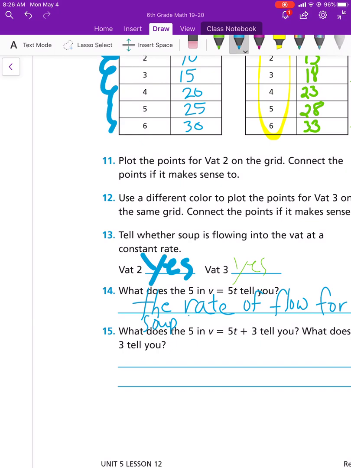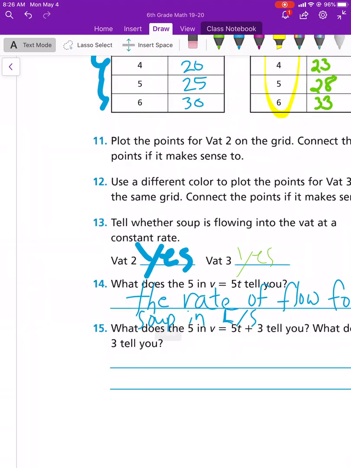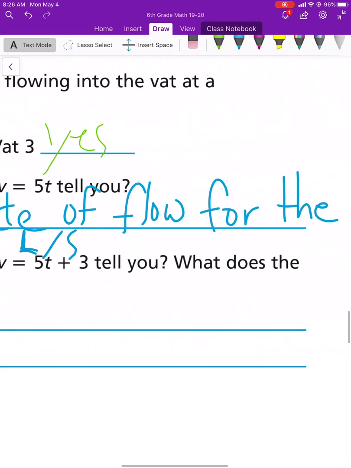I'm just going to do capital L per second. No, I better spell that out. I'm sorry, guys. That's just science language. That's how we would write that in science. Liters per second.